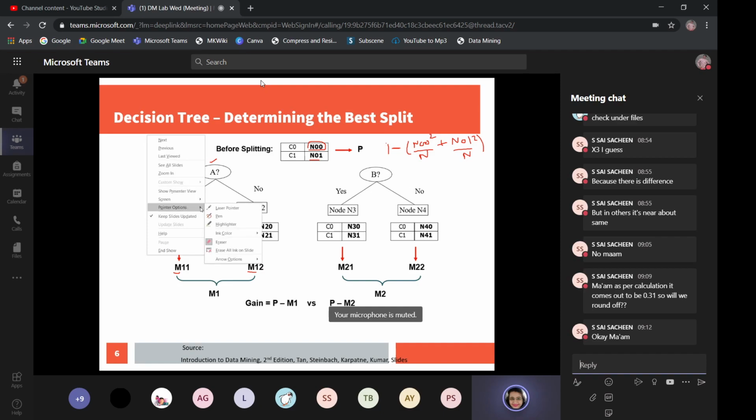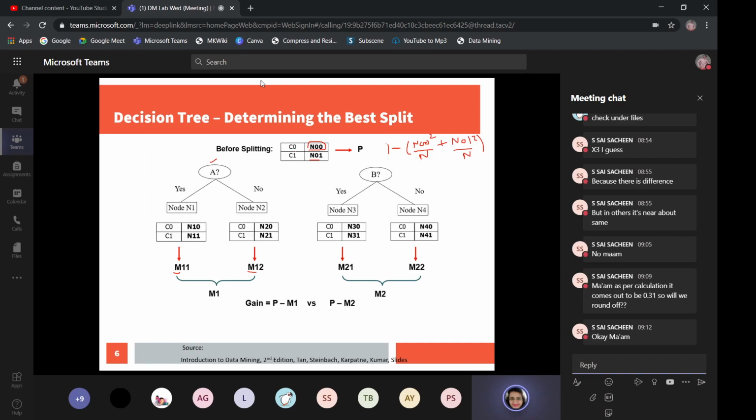Once you have already split from this level, n records have been split. Here you have n1 records and here you will have n2 records, and the total n1 plus n2 is n. But you have already split. Now you are deciding on this level. So this is your root node. This root node gave you n1 records and n2 records. Now you wanted to decide whether at the next level to split on A or to split on B.